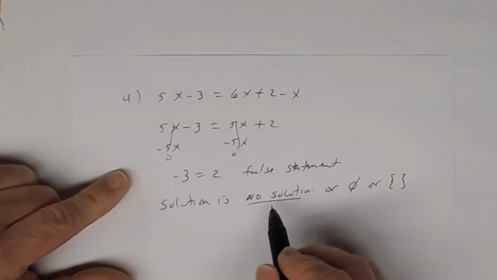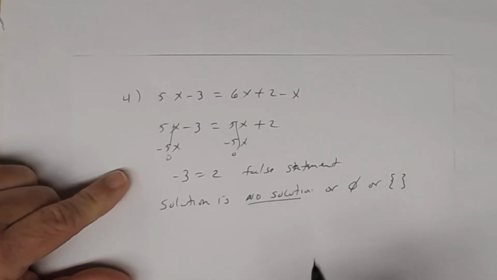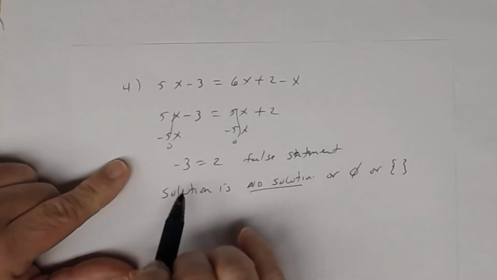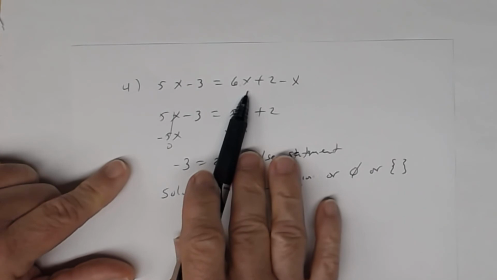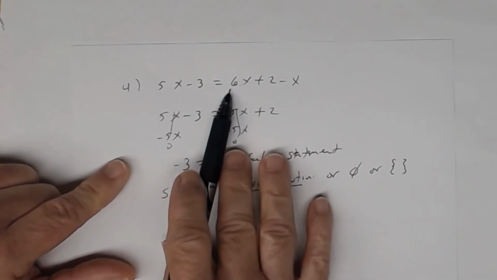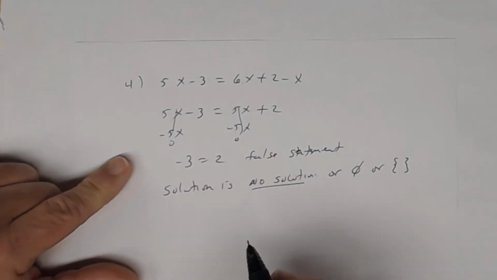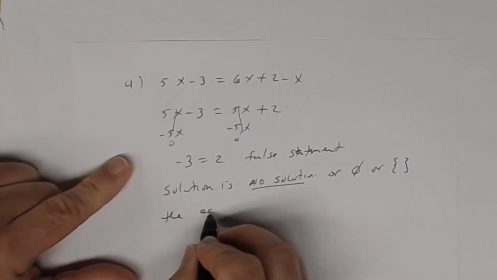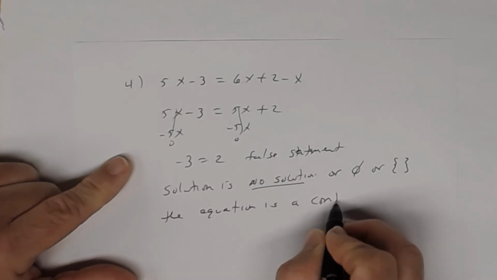But most students will either use the words no solution or a symbol for the empty set. Now, since there's no solution, what kind of equation is this? Is it conditional, identity, or a contradiction? This is a contradiction. So the equation is a contradiction.